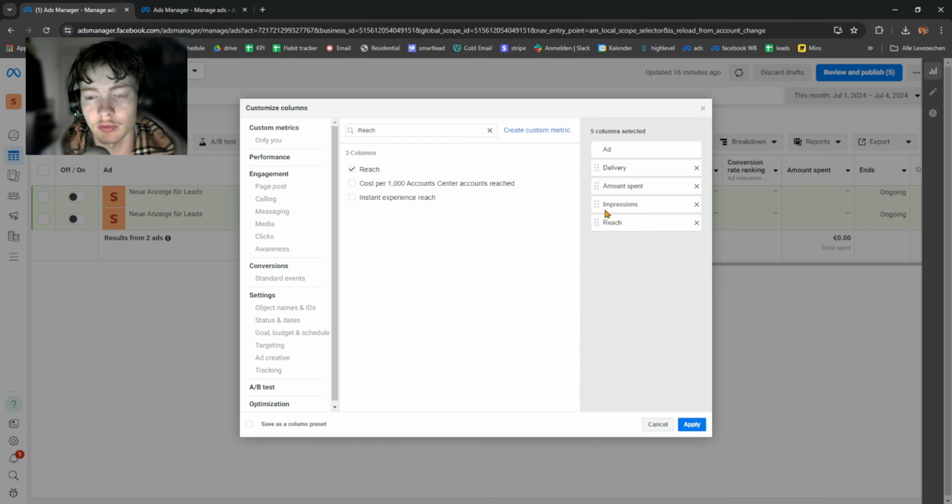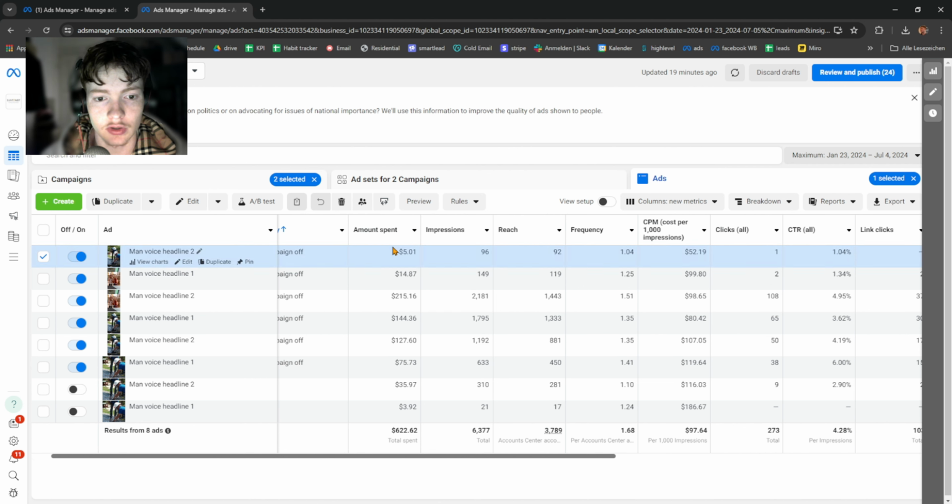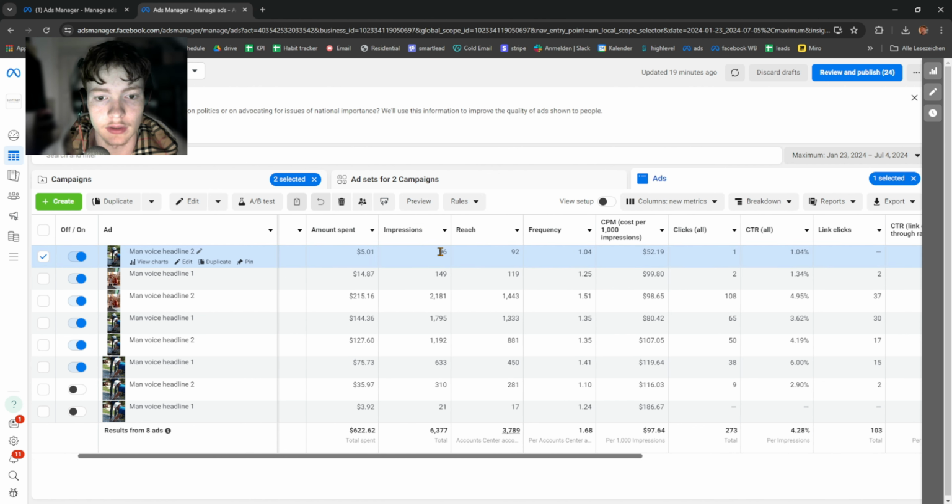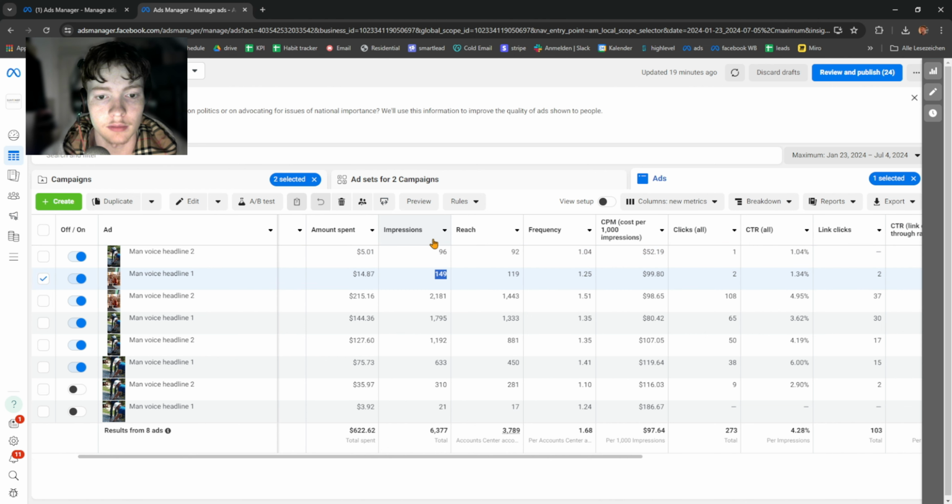So what's the difference between reach and impressions? As you can see right here, on this particular ad we got 96 impressions and 92 reach, or 149 impressions and 119 reach. Impressions is basically how many times your ad has been seen, but it can also be seen by a single person 2 or 3 or 5 times.